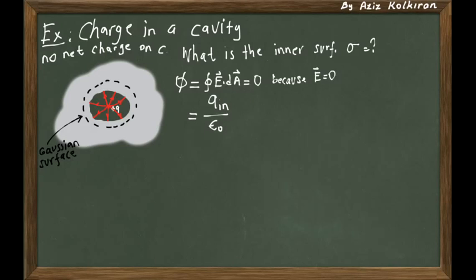But Gauss's law says if the electric flux is 0 through a closed surface, then this closed surface should enclose no net charge. Gauss's law says if there is a non-zero flux, then there must be a net electric charge inside this surface. But if the flux is 0 because the electric field is 0, then the net charge enclosed by this Gaussian surface must be 0.